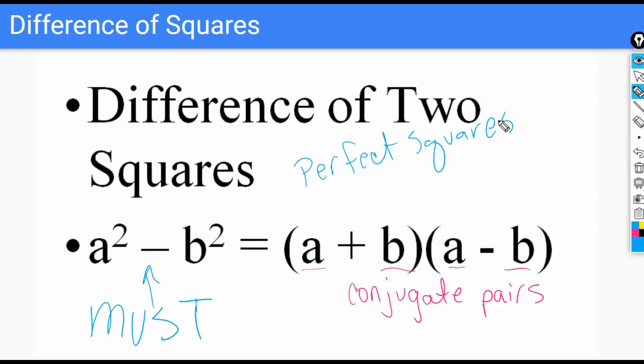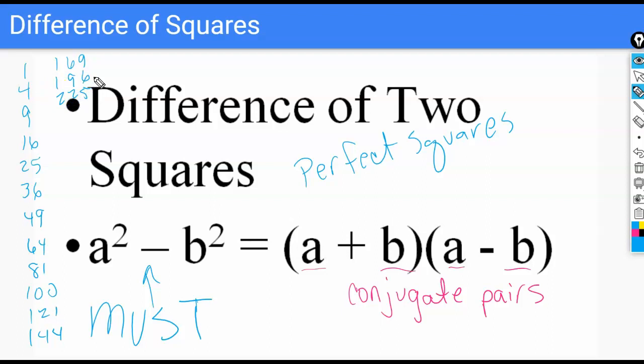So it is my strong recommendation that you have at least memorized the first 15 perfect squares: 1, 4, 9, 16, 25, 36, 49, 64, 81, 100, 121, 144, 169, 196, and 225.